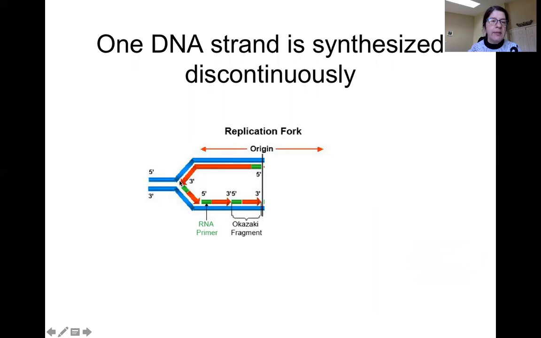It's going to synthesize in this direction. And this is the direction in which the fork is moving. The fork is going to be moving in this direction, and DNA polymerase is moving with the fork in this direction for this strand. But how about this strand? This strand is opposite. It runs 3' to 5'. So synthesis has to go in the direction opposite of the way the replication fork moves.